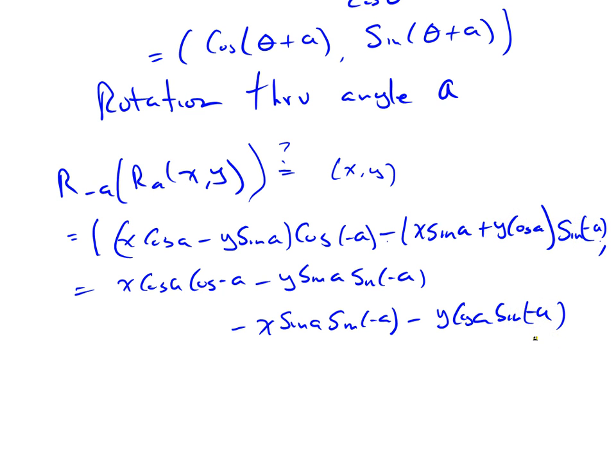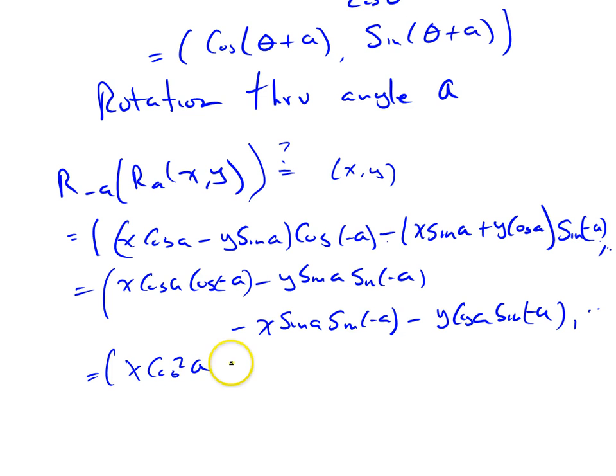Now, the negative A's. Cosine is an even function. The cosine of negative A is the same as the cosine of A. So right here I've got x times cosine squared A, because cosine of negative A is the same as cosine A, right?